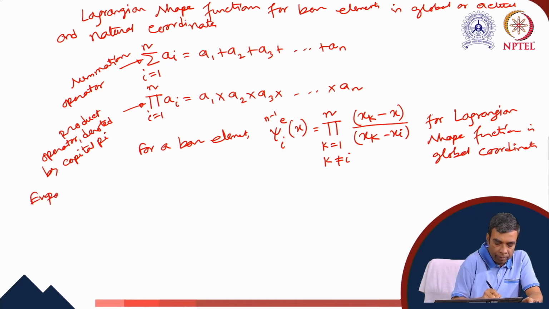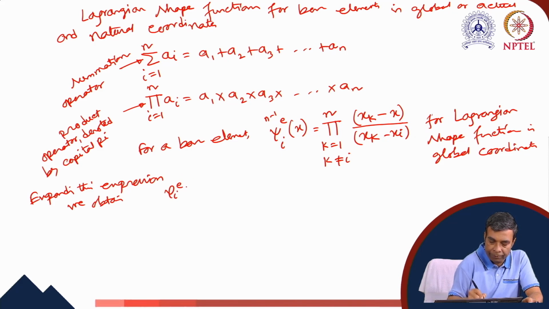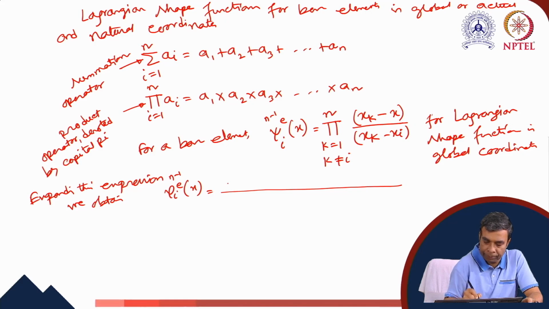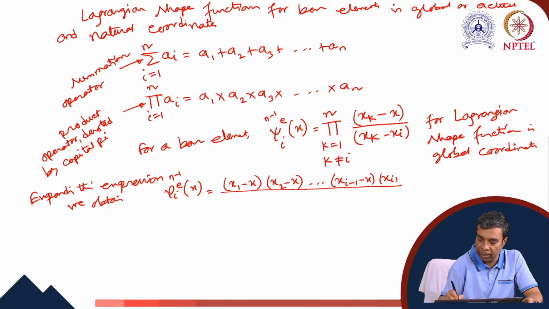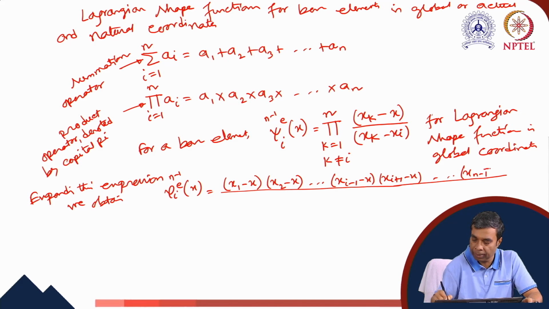Expanding this expression, we obtain psi ie x of n minus 1th order equals to x1 minus x, x2 minus x, x i minus 1 minus x, x i plus 1 minus x, x n minus 1 minus x, x n minus x.